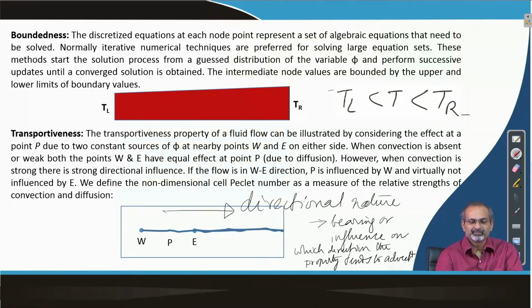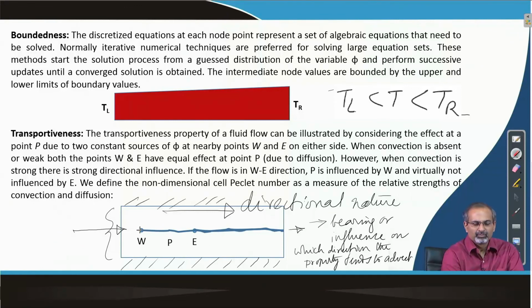For example, if you have a flow channel through which you have movement of water from the left towards the right, and you have at a certain location W injected some dye, you will see that a streak is formed downstream, because the flow carries along with it the dye and takes it towards the right.